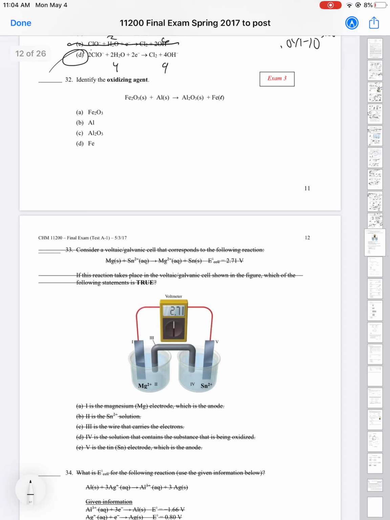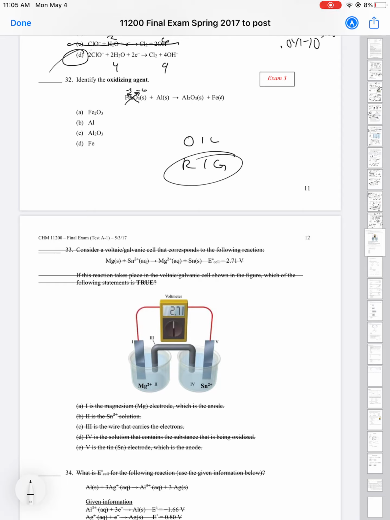32, identify the oxidizing agent. OIL RIG is how I remember it: oxidation is loss, reduction is gain. And remember, the oxidizing agent is the one that's reduced, the one that's gaining electrons. Let's see, the total charge on the oxygen is negative 6, negative 2 times 3.